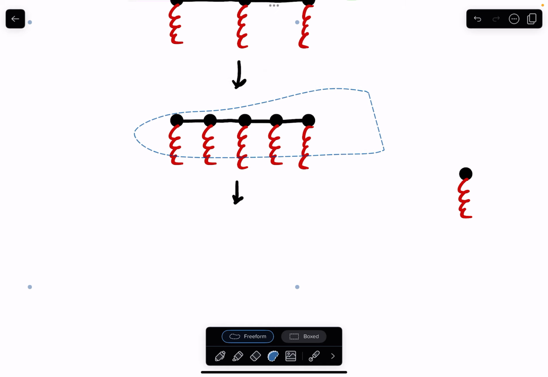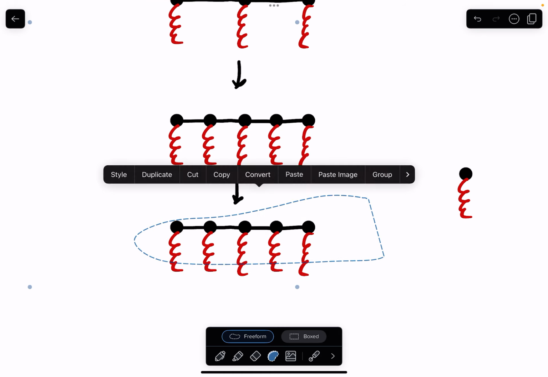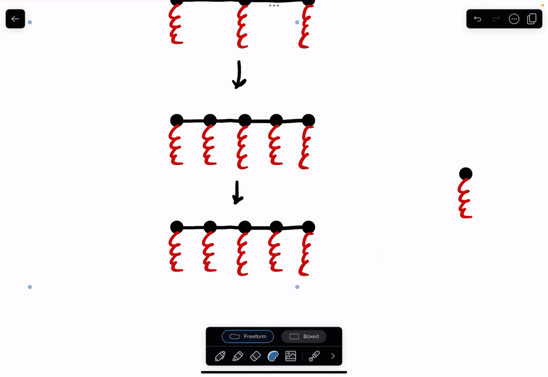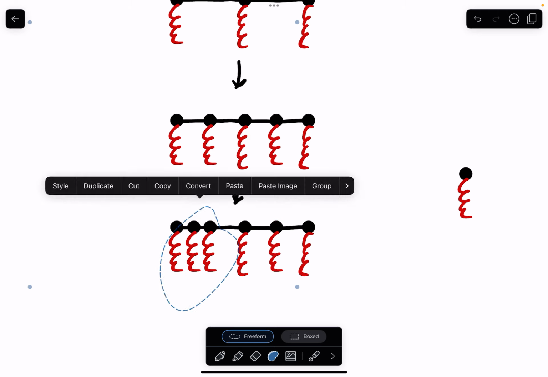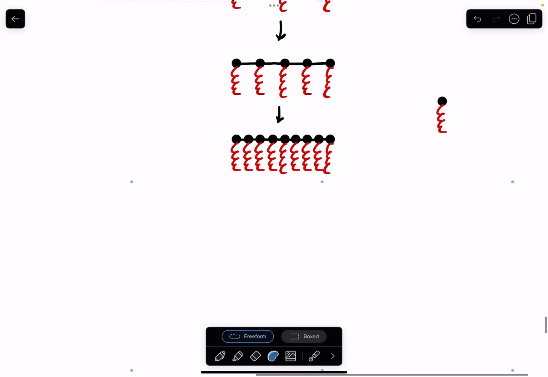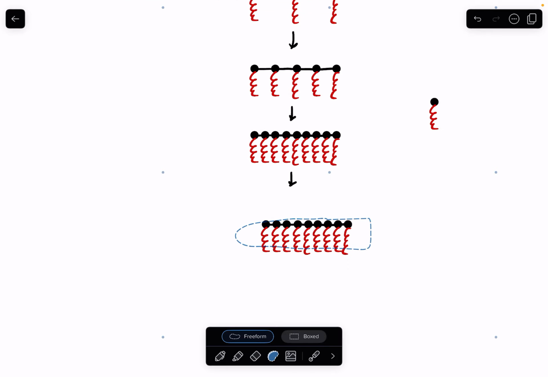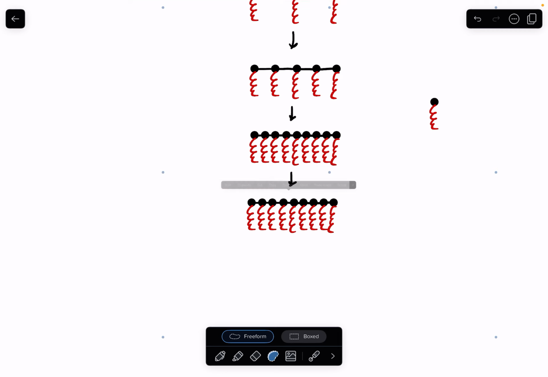Want to copy it. And if we double it again, keep going, and you can skip ahead to get the idea.